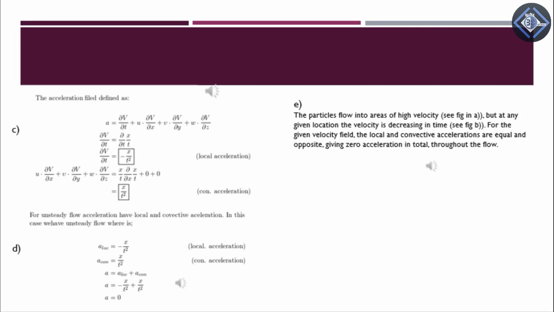If we are traveling along the x direction, we can see that the velocity is increasing. In part B, if we are at a fixed point in space, that is x equal to 7 feet, and the time is increasing, the velocity is decreasing with time. So for the given velocity field, the local and convective accelerations are equal and opposite, and this gives zero total acceleration throughout the flow.